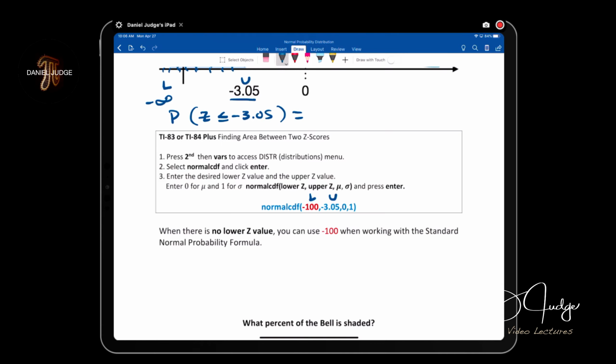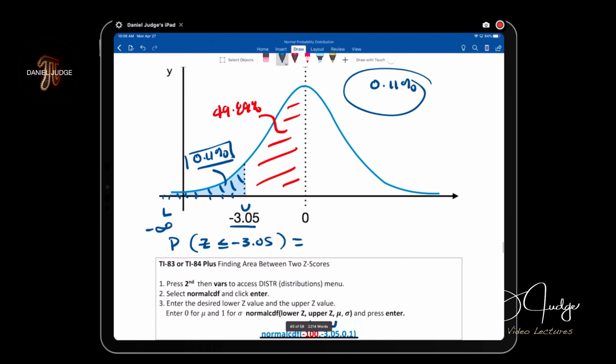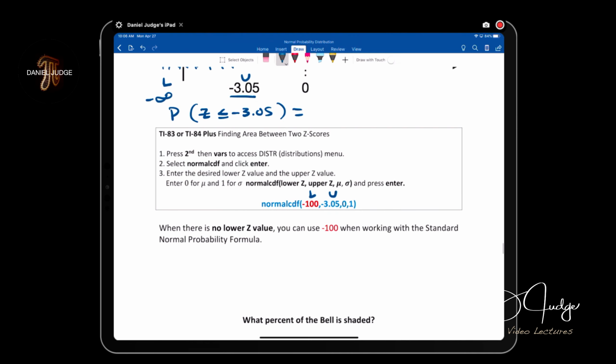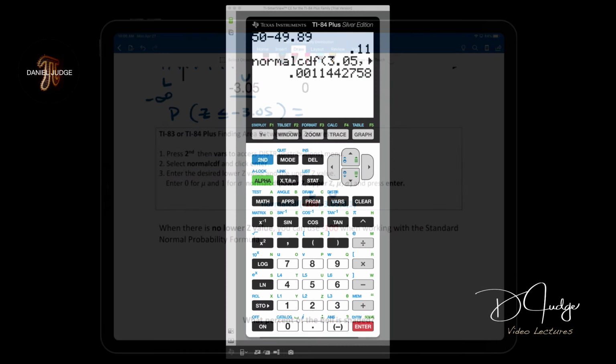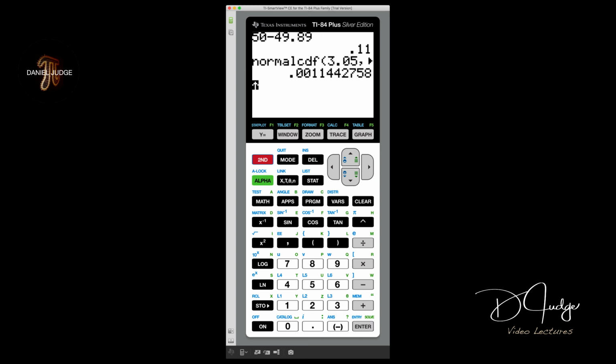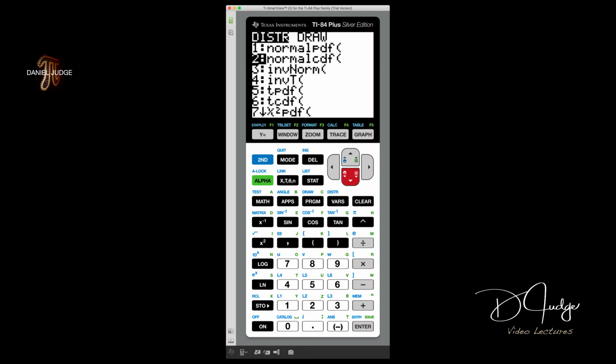So the reason I'm bringing this whole issue up with the left tail is because when you enter your calculator, if I go to the TI again and I want to use this, I say second distribution, go to the normal distribution. Now that's a negative, so we're not going to say negative infinity.